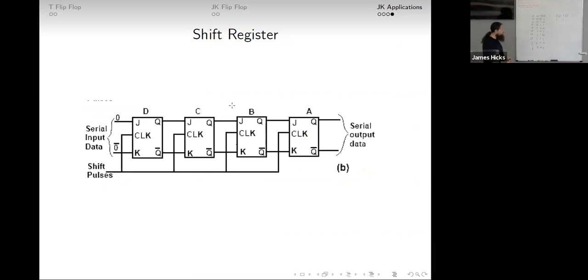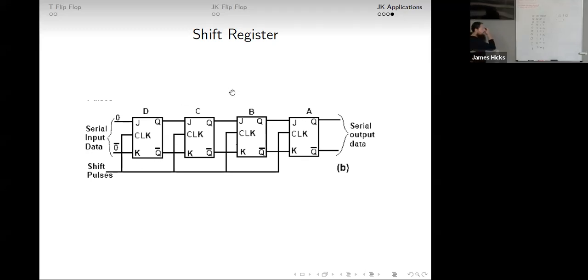Last one I wanted to talk about for today is a shift register. Pretty simple hookup. The Q output goes to J for all of these.